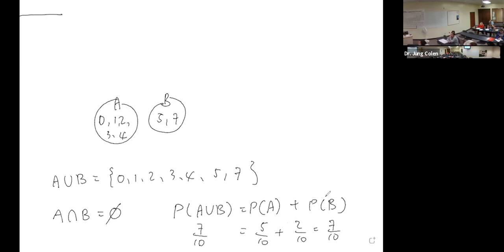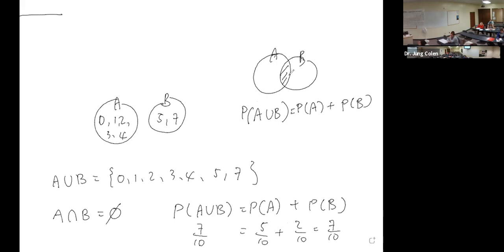So either works. Later on, for most of the cases though, we're going to have some overlapping part. Then for the probability of A union B, you need to consider this part seriously. Because if you just add the probability of A and probability of B, what happens? You're counting this part twice because it's in A and also in B. So you need to take away the probability of A intersection B one time because we counted that twice.